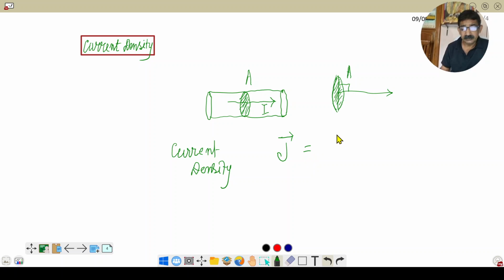J is equal to I by A. I is equal to current, A is equal to area, and provided the direction of electric current and the orientation of the area considered are perpendicular to each other. Okay. So this is the definition of current density. You may go through the book.